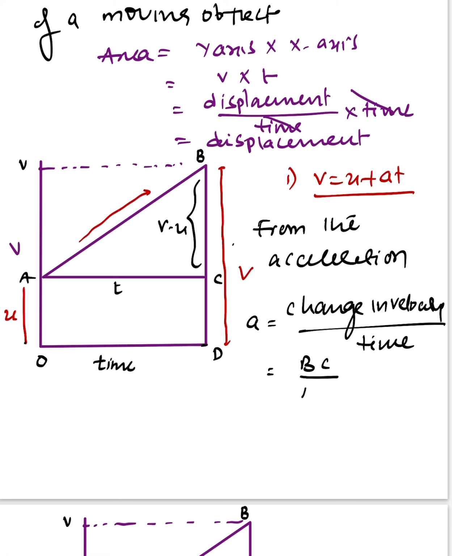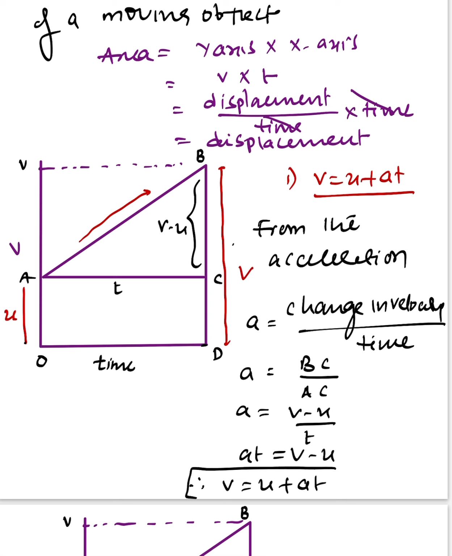BC by AC, a equal. What is the BC over here? V minus U. AC is nothing but the time interval T. Do cross multiplication: at equal to v minus u. Therefore, v equal to u plus at. So this is the first equation of motion from the VT graph.